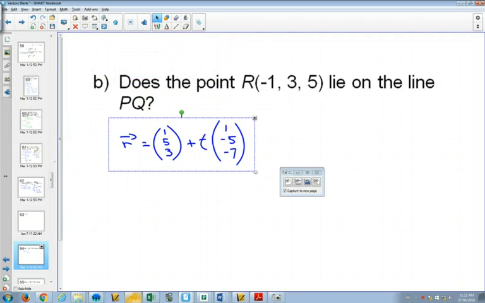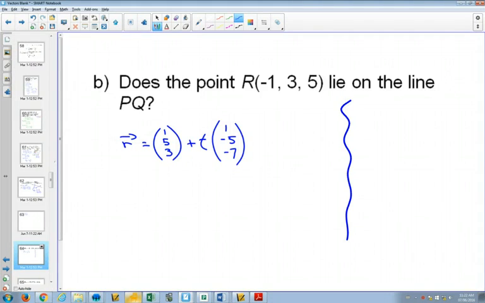So here was our equation, and we're asking, does this point, negative 1, 3, 5, lie on that line? How did you do that when it was y equals mx plus b? Like if I wrote the equation of a line here, y equals 3x plus 5, and I asked you, is 2, 10 on that line or not?